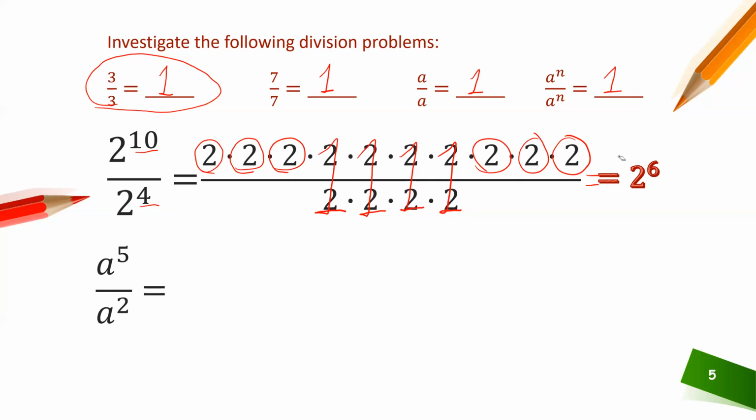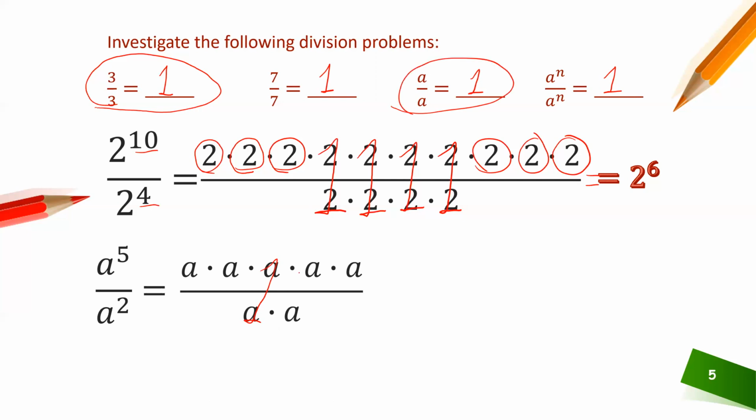Okay, always, whenever you don't remember the rule, go back to the definition. You can always figure out the rules, right? So on the numerator, you have a to the 5th power, which would be 5 copies of a multiplied repeatedly. And then on the denominator, you have 2 copies of a, right? And then again, a divided by a is 1. A divided by a is 1.